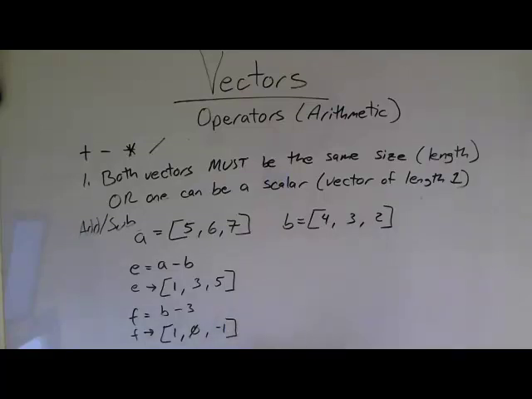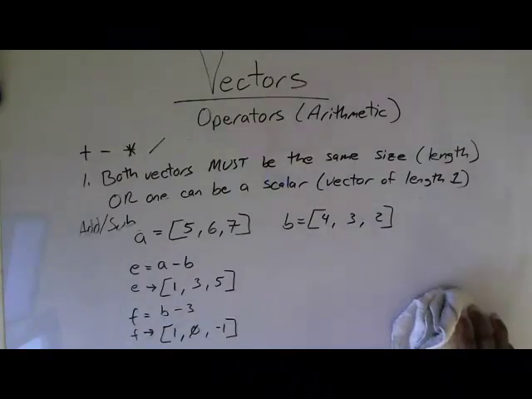So you'll wind up with this one. Once again, that's subtracting a scalar, so that 3 gets subtracted from each element. And this is subtracting a vector, so you do element by element subtraction. Okay? So that's the addition subtraction part. Now let's move over to multiplication division.